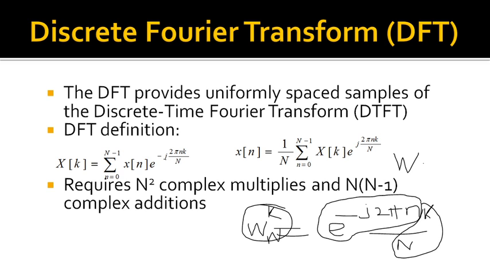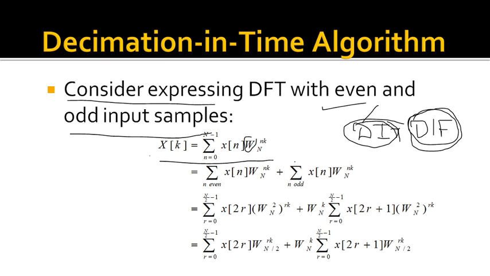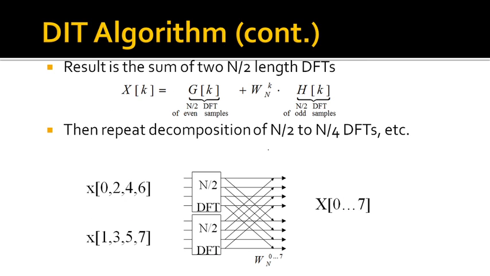This W is e raised to minus j 2 pi, and if I suppress the n also, it is e raised to minus j 2 pi. So I have written this formula, and the previous formula I showed is one and the same.